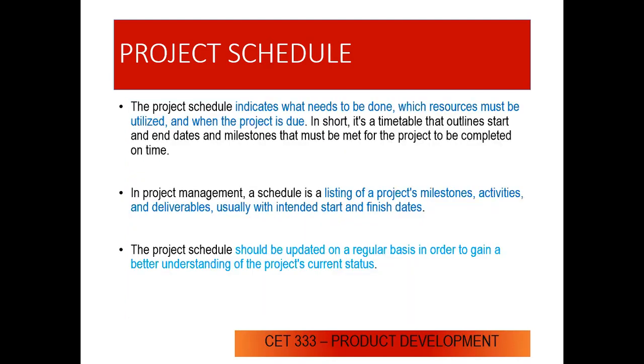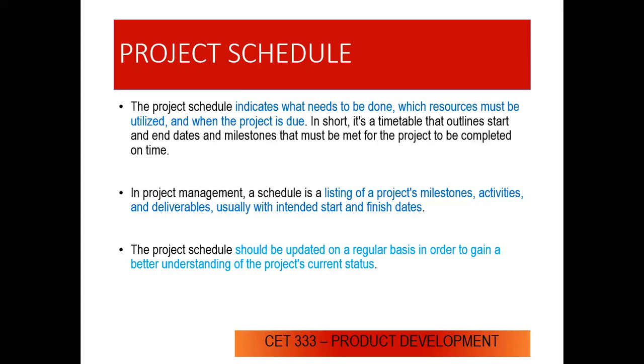So the project schedule will indicate what needs to be done, which resources must be utilized, and when the project is due. In short, it is a timetable that outlines start and end dates, including milestones that must be met for the project to be completed on time.